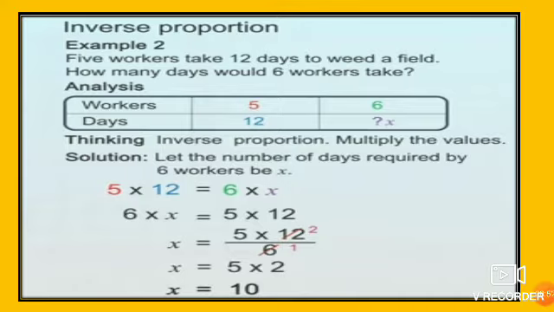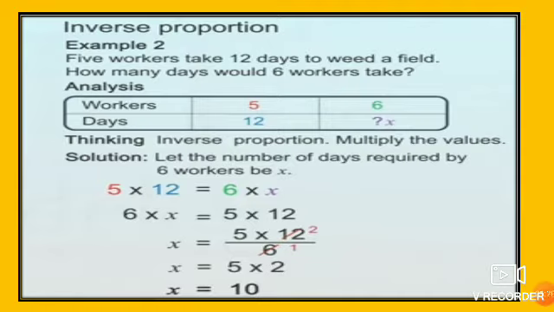Now we have to identify whether this example is of direct proportion or inverse proportion. The number of workers increased from 5 to 6. In the first condition there are 5 workers and in the second condition there are 6 workers. It means the number of workers increased, and the days required for the completion of work, 5 workers will take 12 days.